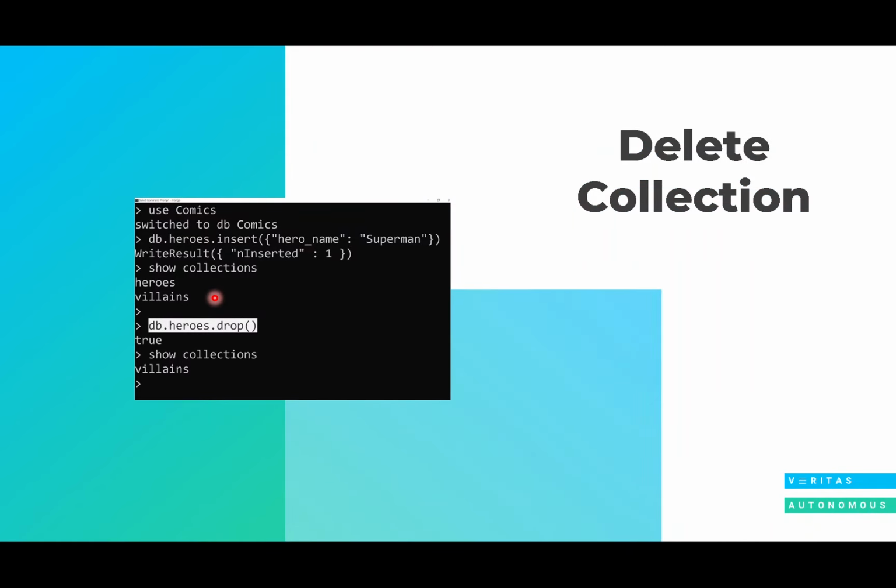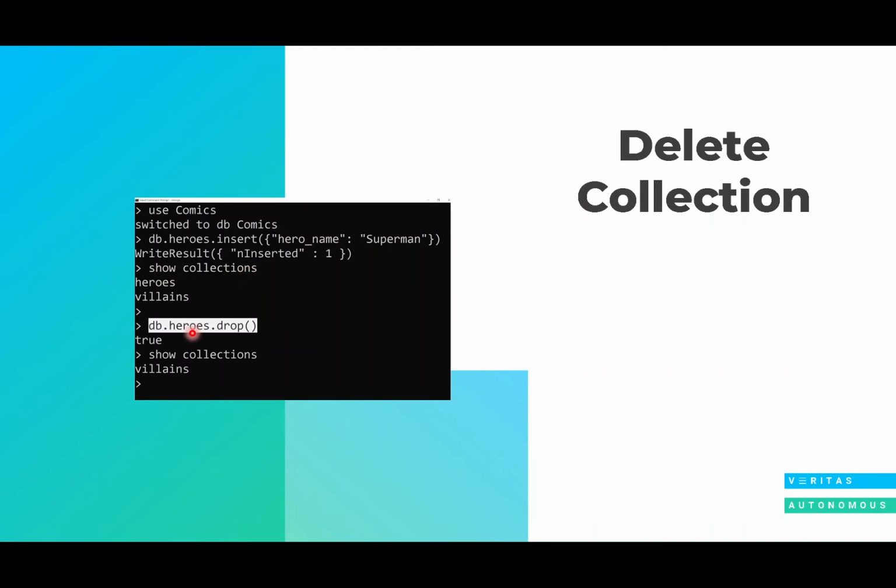Now how do we delete a collection? Remember, inside a collection we have a lot of documents. So when you are deleting a collection, all the documents inside the collection will be gone. So how do we drop a collection? Now we are inside the database and we can look at the collections by typing show collections.